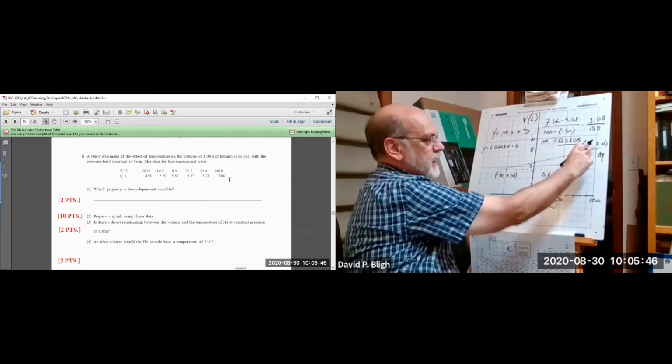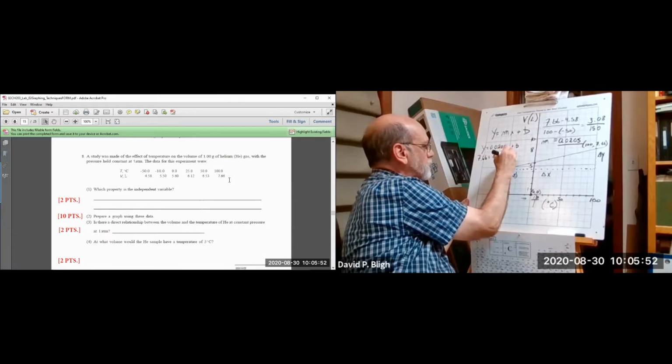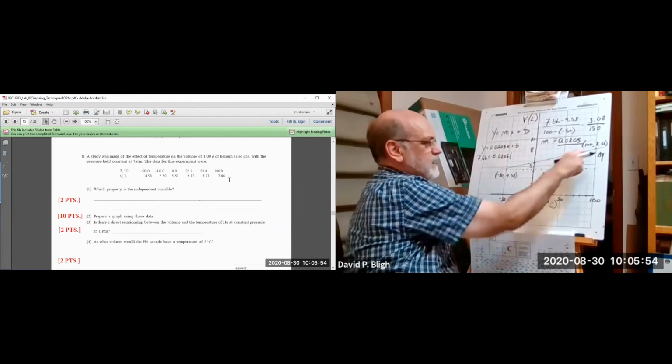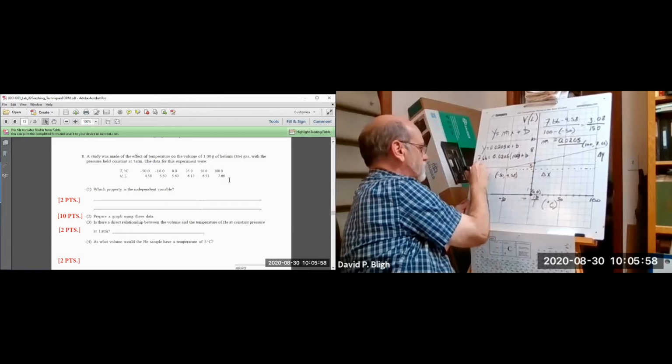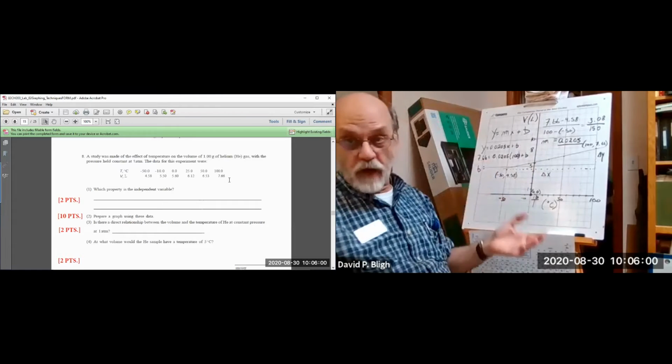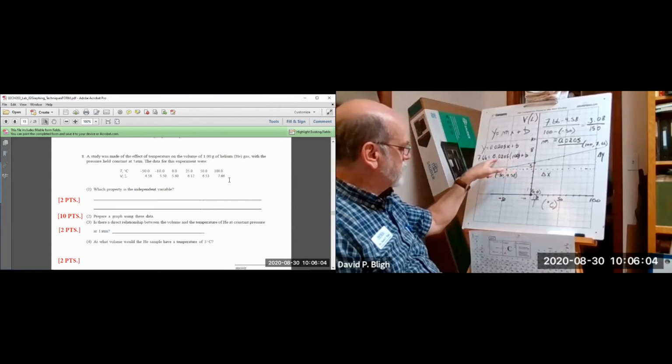So let's say y is 7.66. There's our slope. And x is 100 plus b. Then solve for b. So 100 times that is 2.05.